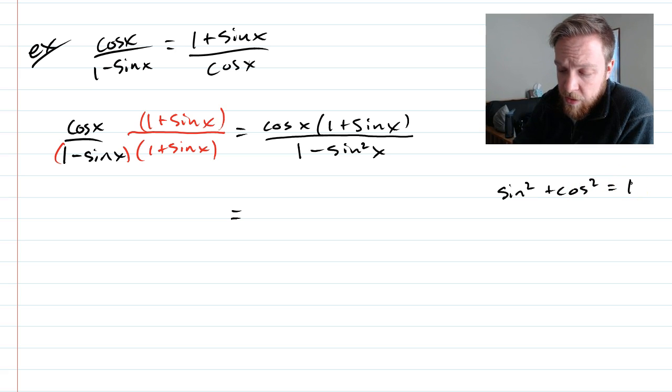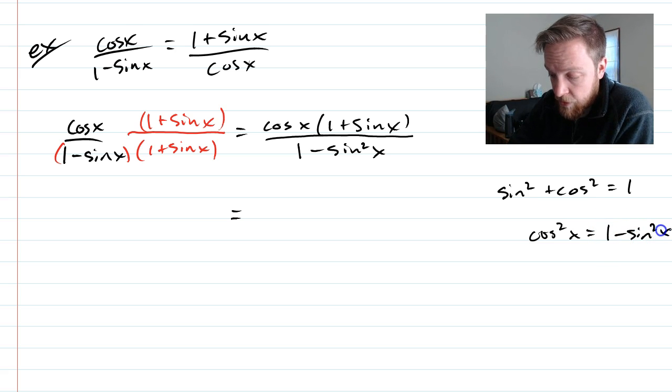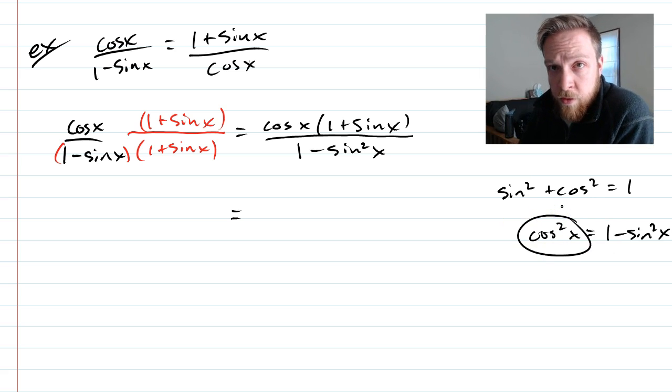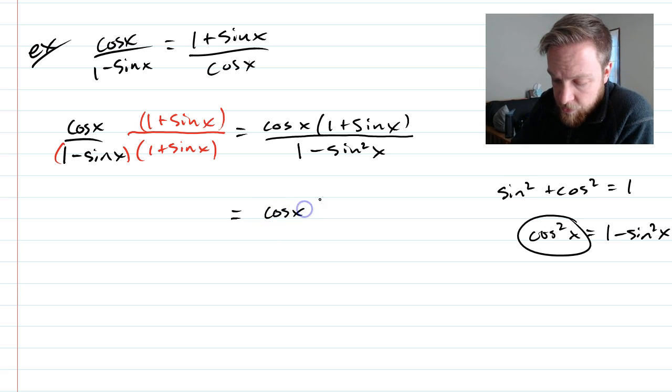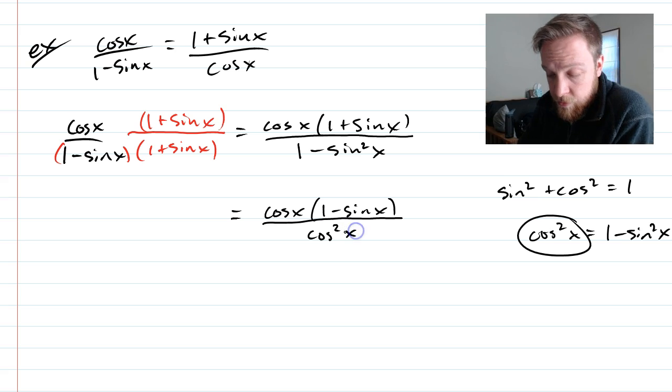Is there a way for me to get 1 minus sine squared? And yes, cosine squared of x is the same as 1 minus sine squared of x if I subtract sine squared on both sides. So this is what we could write in the denominator instead of 1 minus sine squared. So cosine of x, 1 plus sine of x, all over cosine squared of x.